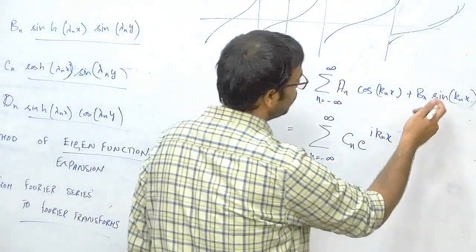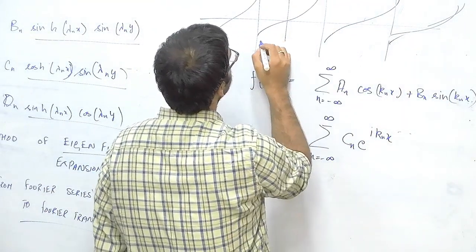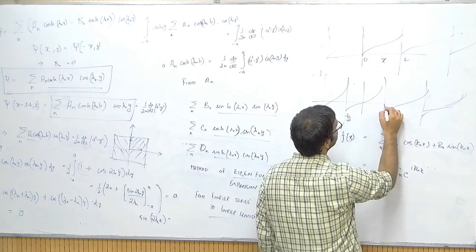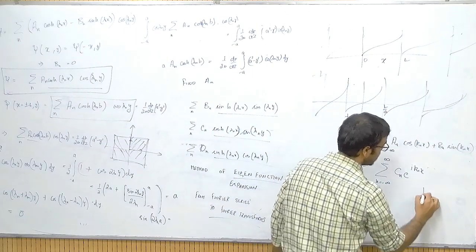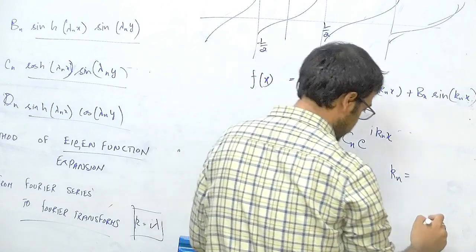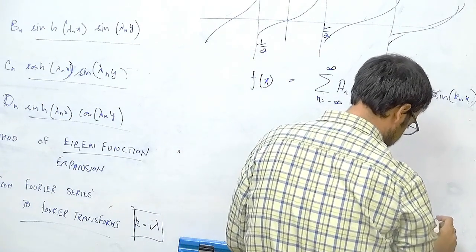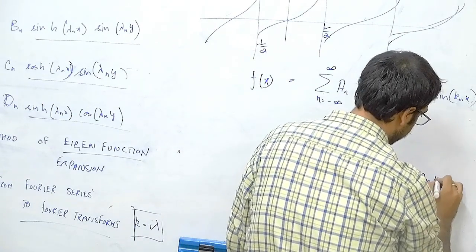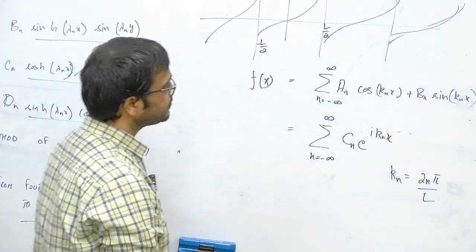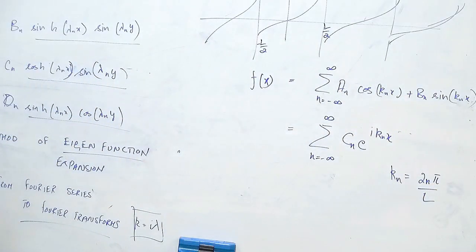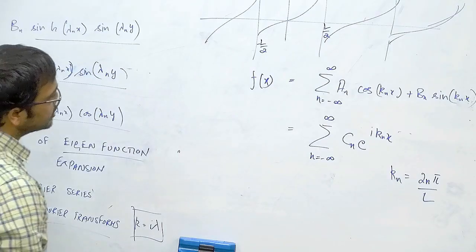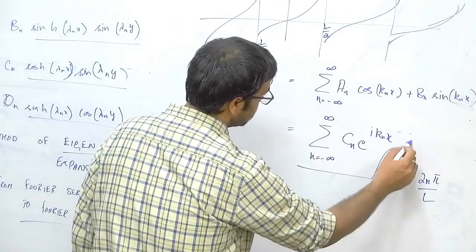When you define it for, let us say, a domain of size L, then these kn's have a specific form, and that is 2 n pi by L. So this is how you can write a Fourier series.